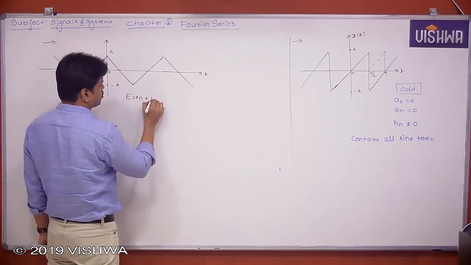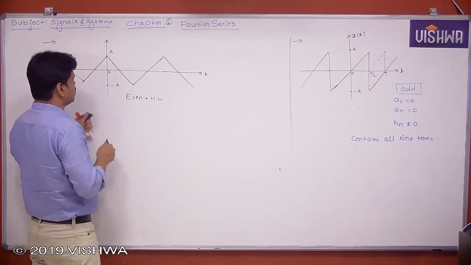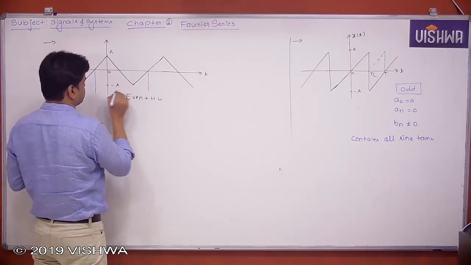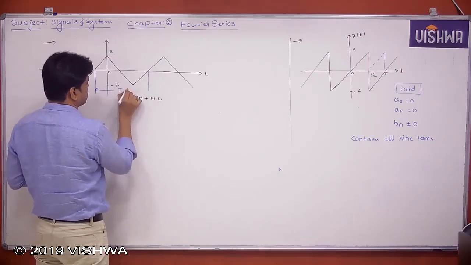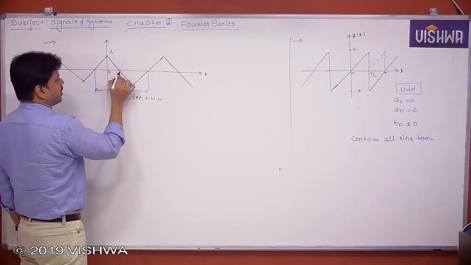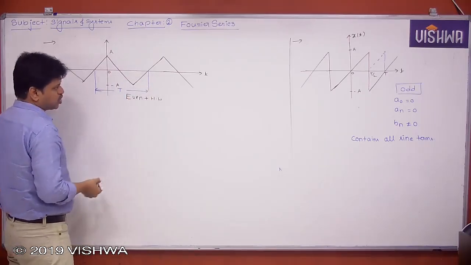plus half-wave symmetry. Why? If I consider a total period, for my convenience I am taking from here to here. This is the total period I am considering. If I consider the first half period and the next half period, both are the same with a negative sign. So it has half-wave symmetry also.